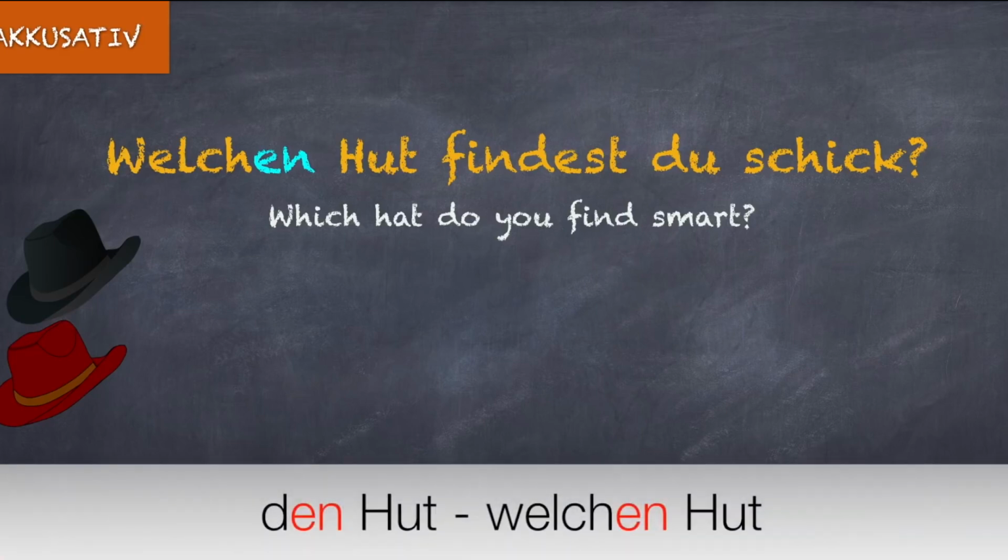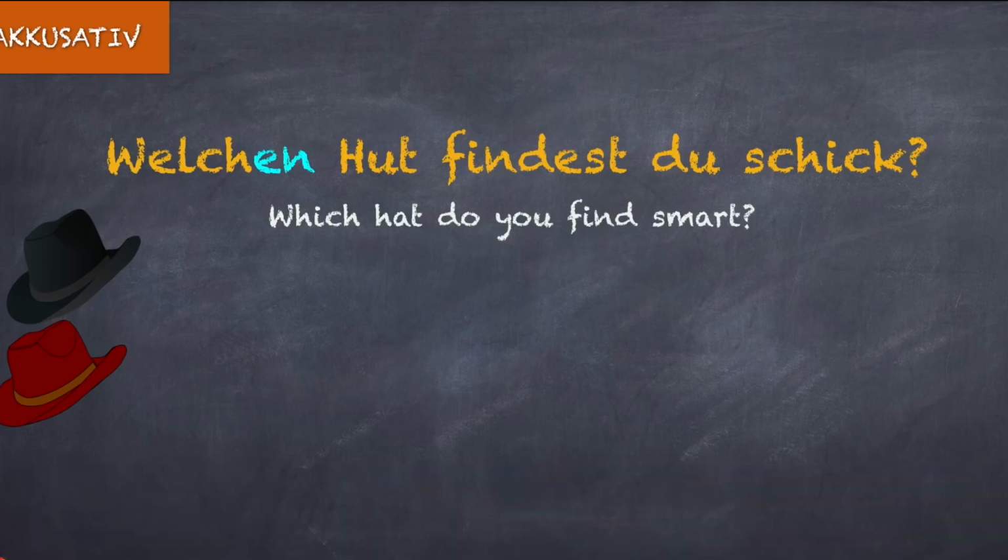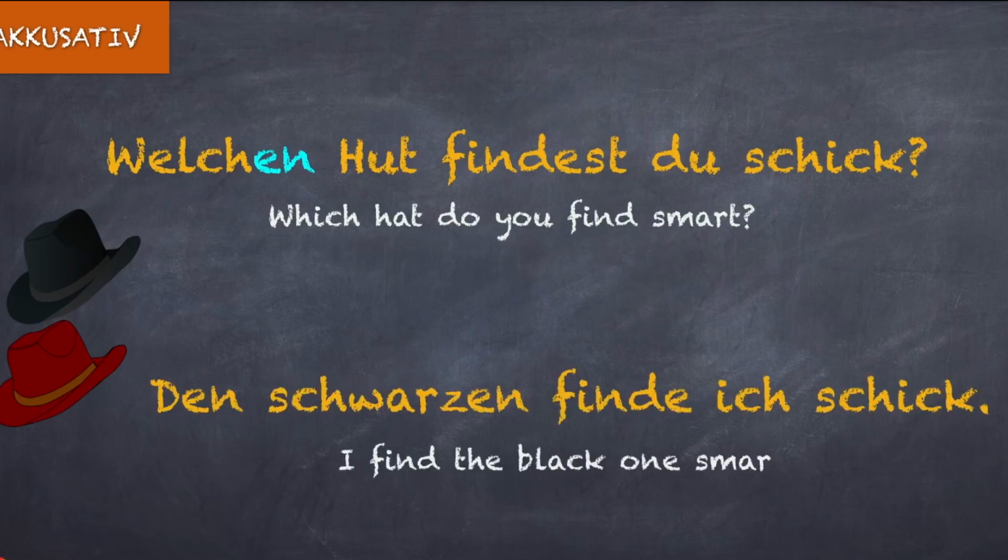Since Hut is masculine, in accusative it will take the article den. Welchen Hut takes the ending en from the accusative article den. The answer will be: den schwarzen finde ich schick. Or I can simply say den schwarzen.